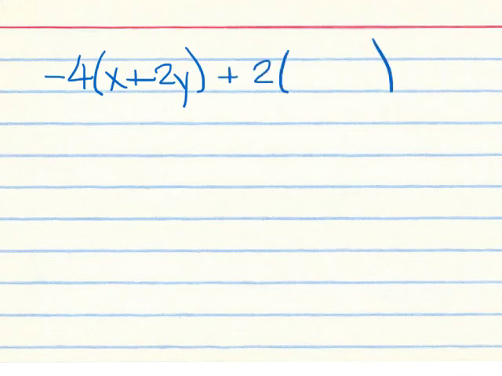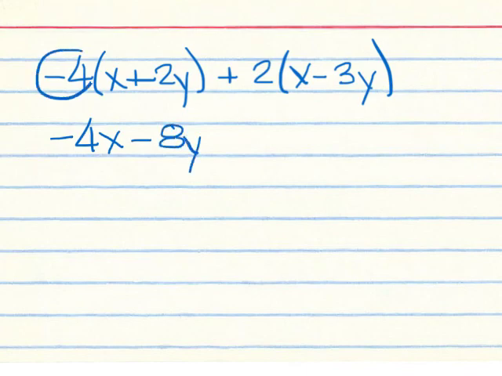Try this practice problem. Negative 4 times the quantity of x plus 2y, close the quantity, and then plus 2 times the quantity of x minus 3y, close the quantity. The solution for the practice should start off being negative 4x minus 8y.